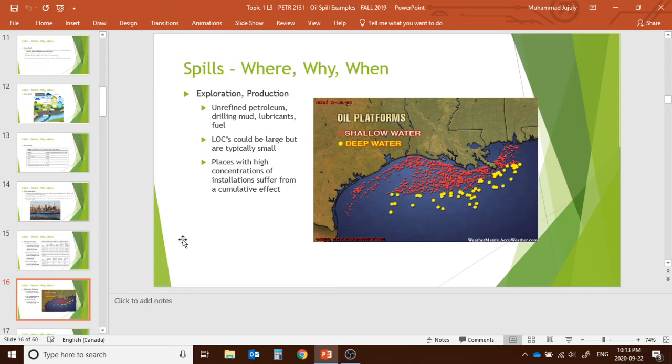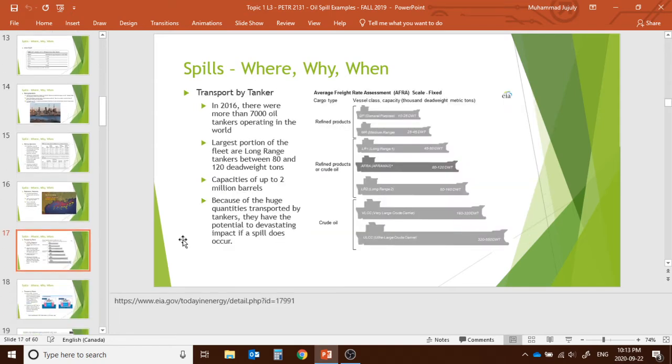Spillage due to exploration and production is one of the largest sources of spillage, and we'll talk about that more later. Another bigger source is spillage from transportation by tanker. As you can see, for crude oils we use the bigger tankers, for refined products we use smaller ones, and in between we can use both.